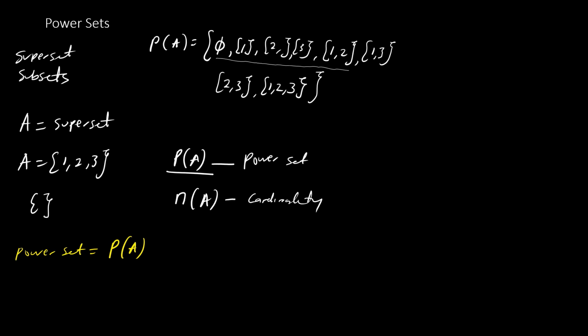Now if the number of elements in set A equals m, then the number of elements in the power set of set A will be equal to 2 to the power of m.